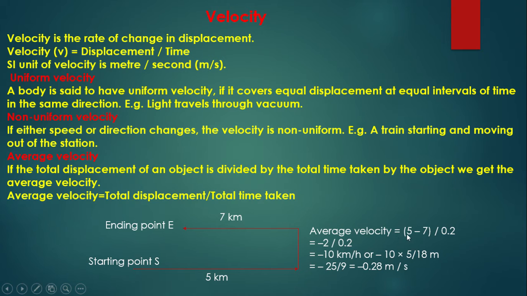Average velocity equals (5 minus 7) per 0.2. The minus indicates the direction of the displacement. Minus 2 per 0.2 is minus 10 km per hour, or 10 into 5 per 18 meter per second. Minus 25 by 9 equals 0.28 meter per second.